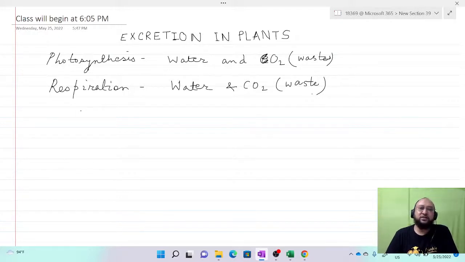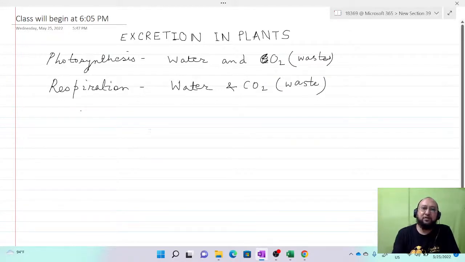So plants produce gaseous waste: oxygen during photosynthesis and carbon dioxide during respiration. You must have heard about the stomata, which are minute pores on the leaves and other parts.